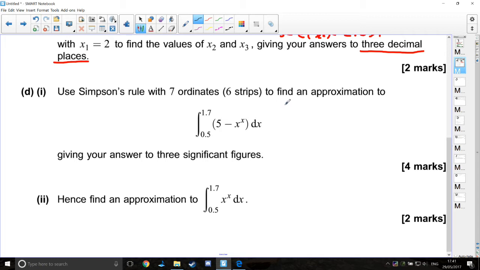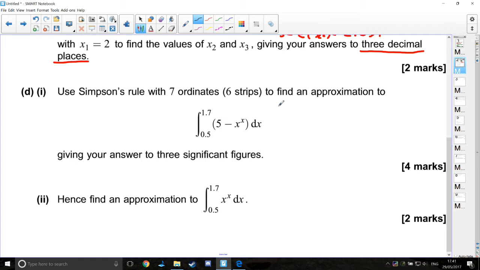So for this, the coefficient of the first thing would be 1, then the next one's 4, 2, 4, 2, 4, 2, 4, 2, 4, 2, 4, 1. It always ends in 4, 1, and it always alternates between the 4 and the 2.